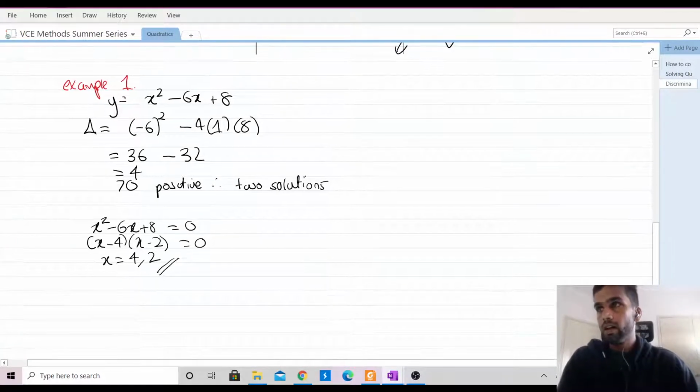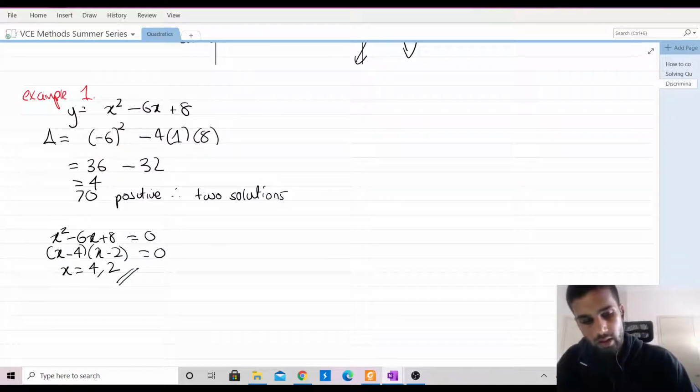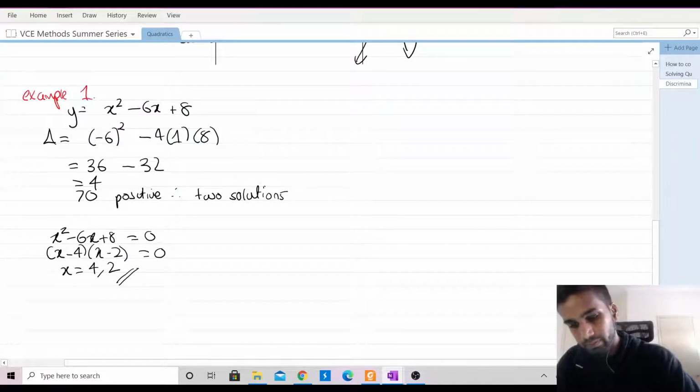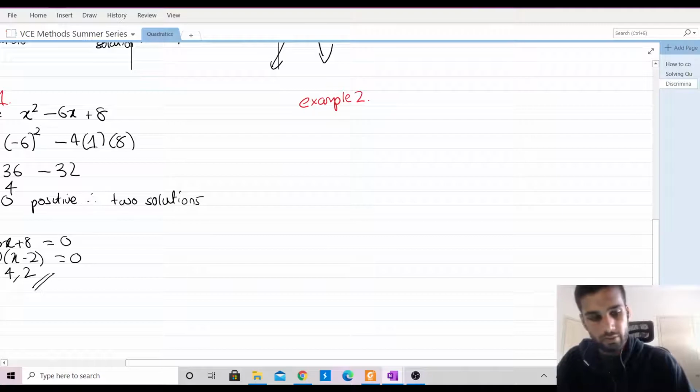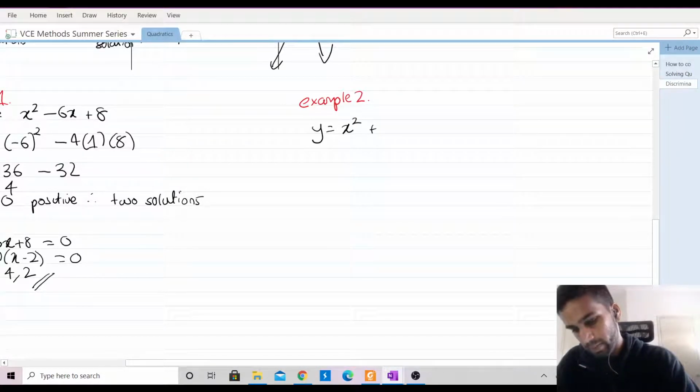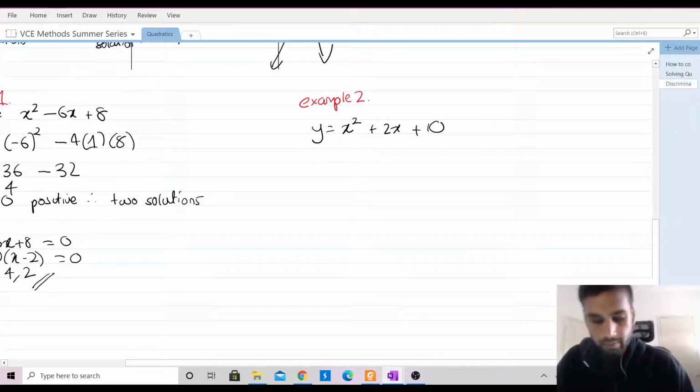If we go through another example, example 2, we try something along the lines of x squared plus 2x plus 10.